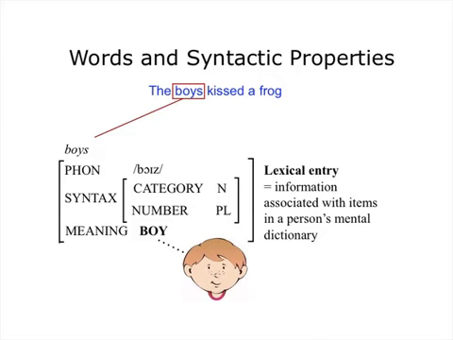The take that I'm taking right now, at least, is that whole words are part of our lexicon. So even though we know there's a rule that says you can take boy and put it together with z to make the plural, it's also probably the case that we store plural forms whole in the lexicon as well.